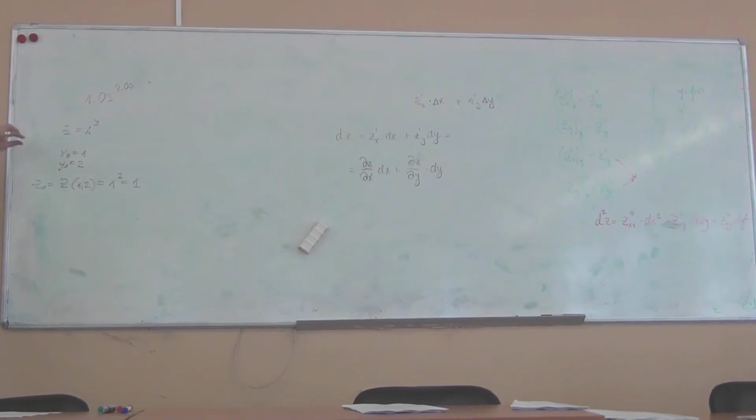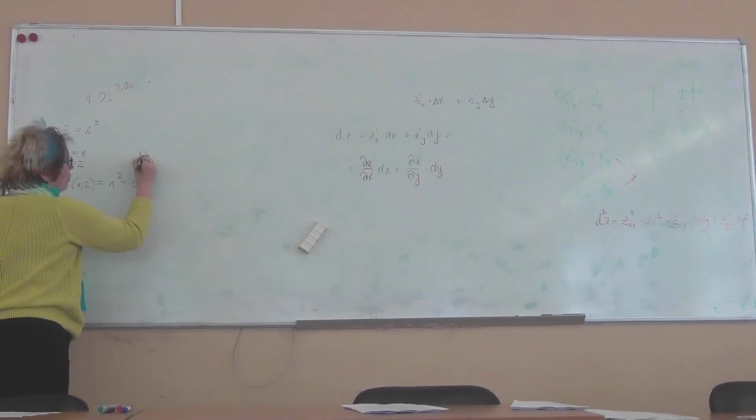For example, I know that if x is 1, y is 2, the function value is 1, a fixed point. And now, I would like to use the exact differential to find the change in the function value. And then I will add the change to 1, and I will know the approximate value at that second point. So for this, obviously, we will need dx or delta x.